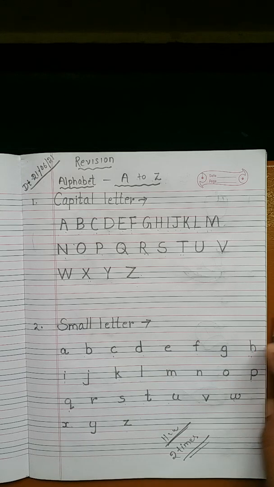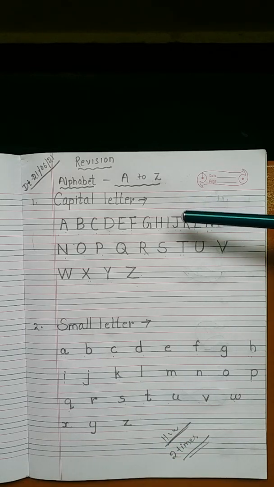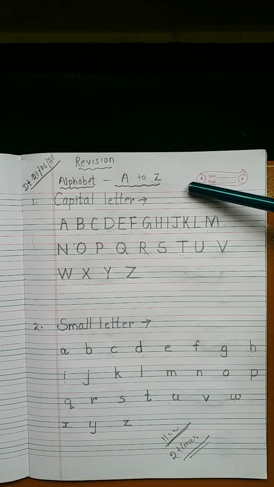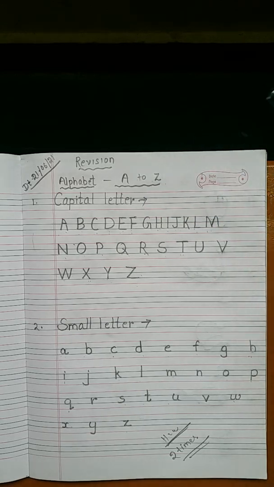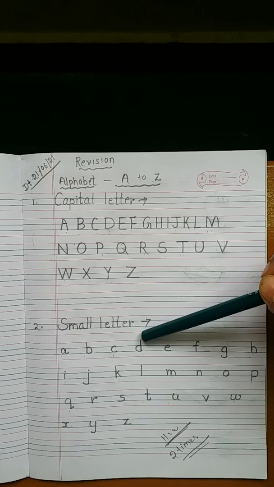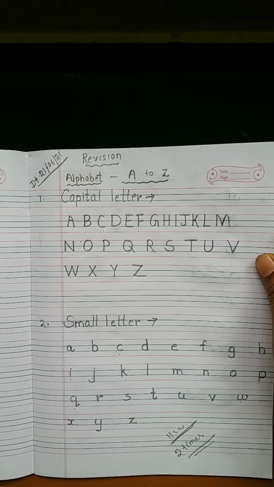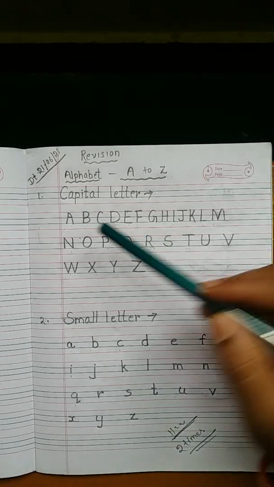Okay, now see, yesterday what we have learned, we have revised the alphabet A to Z, capital letter and small letter. Let's read it again, then we will go for our next exercise.